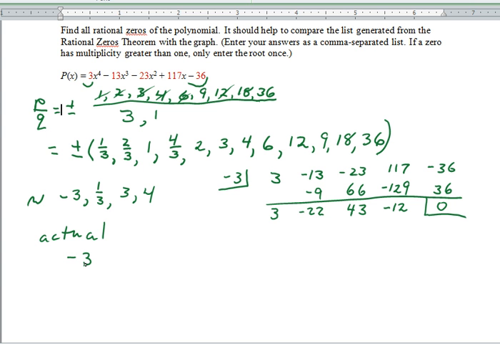Now let's try 3. I'm avoiding 1/3 because it's a little messier. I'll come back to it.